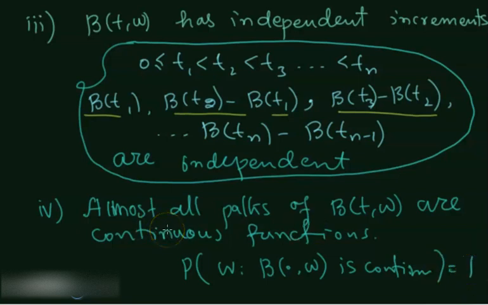So all paths are continuous. So these are the 4 conditions that we need to have in Brownian motion. So Brownian motion is a stochastic process which satisfies these 4 conditions. And in the next example, we're going to see an example of Brownian motion, and that's going to be the random walk, and then we will move on to defining some more quantities.